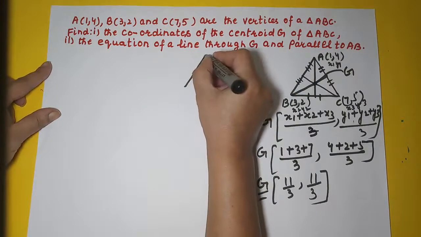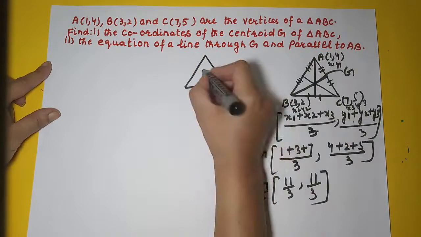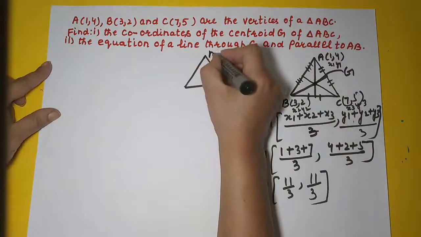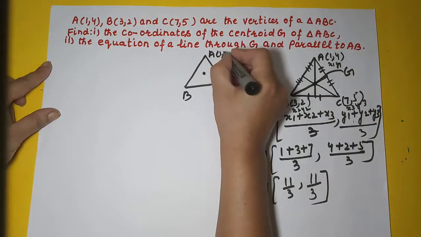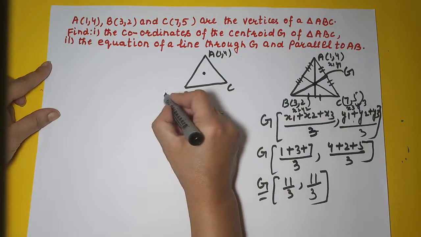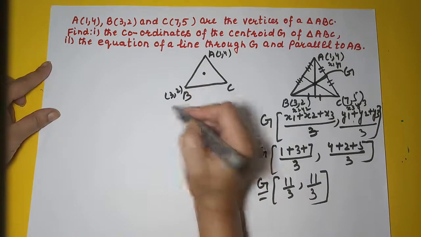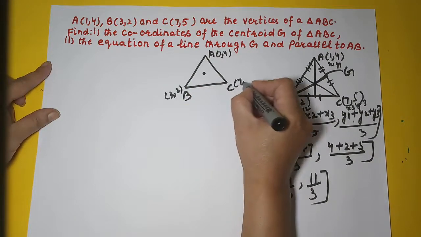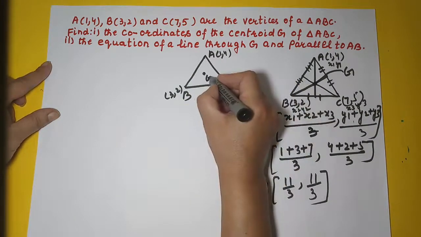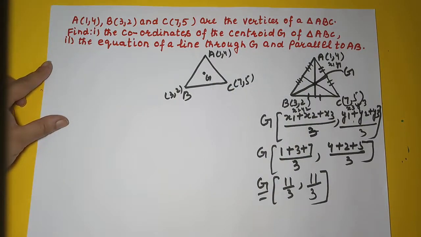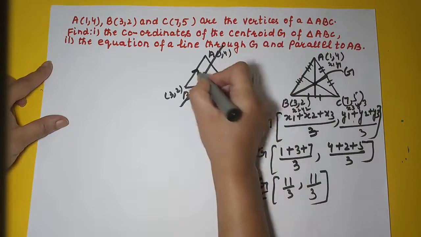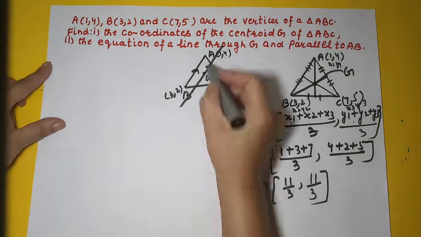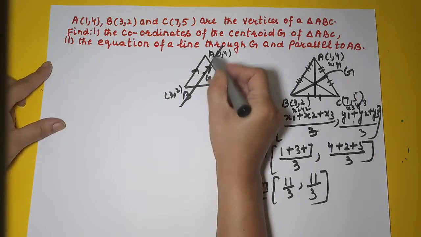It means that if this is A, this is B and this is C, A is (1, 4) and B is (3, 2) and C is (7, 5). If this is point G, we have to find the equation of a line which is passing through G but parallel to AB. Now, how do we find the equation of this line?